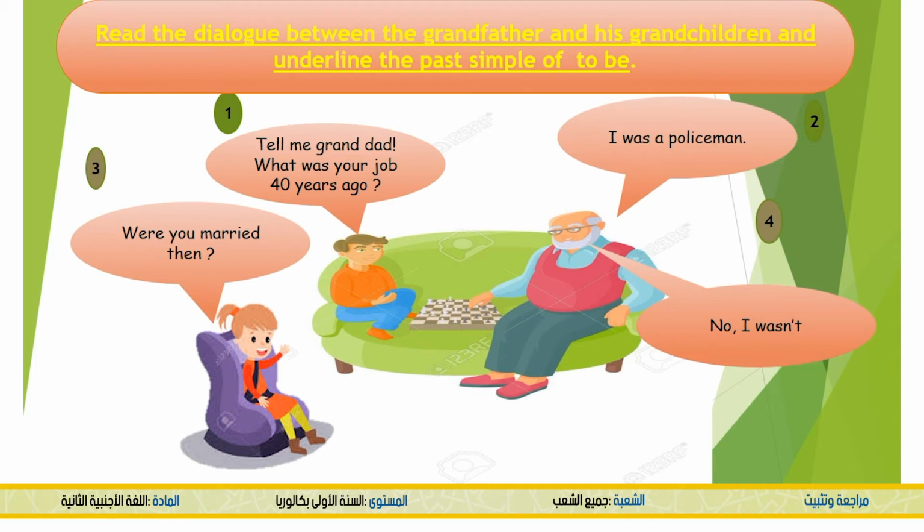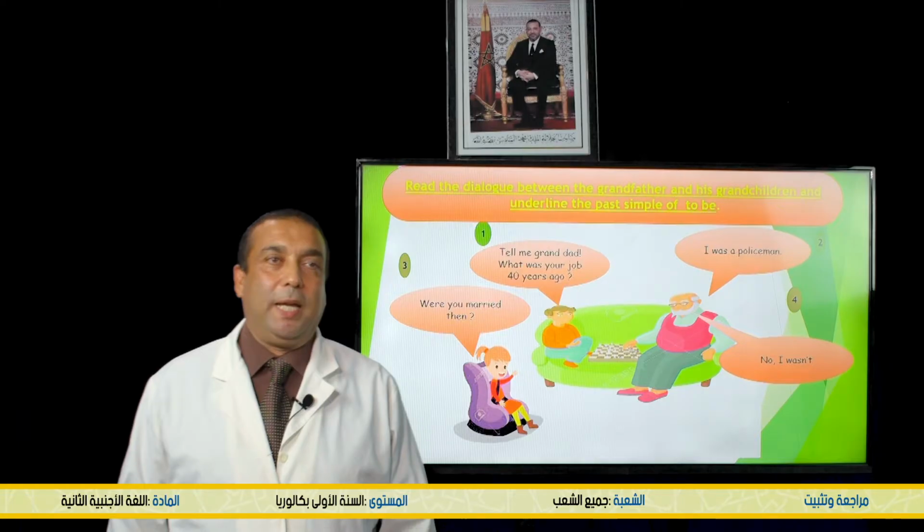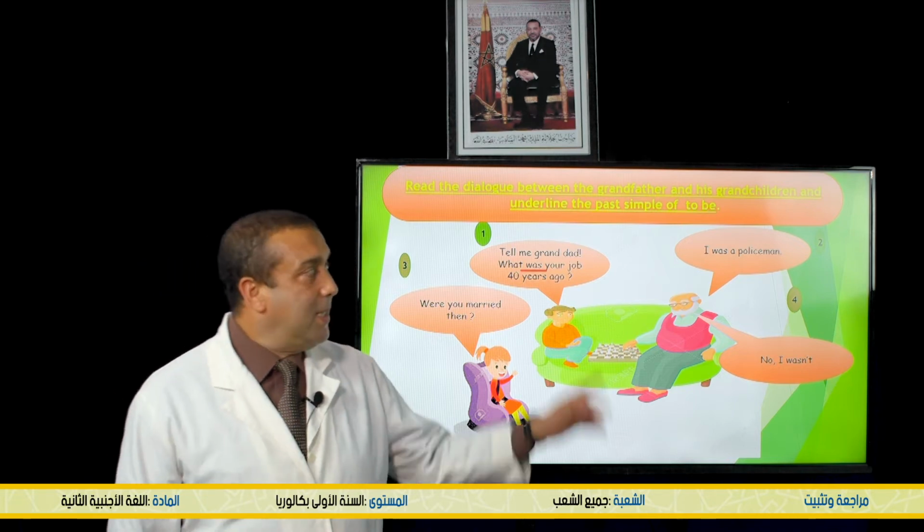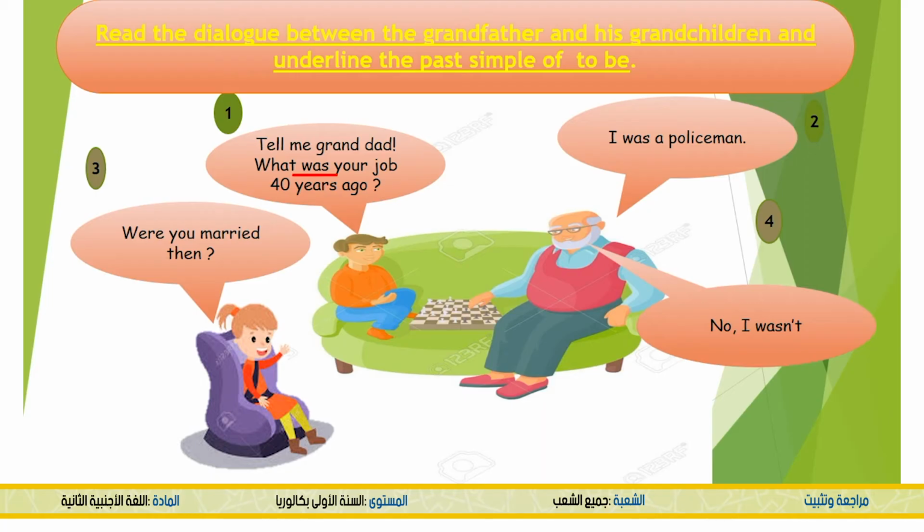Tell me, Granddad, what was your job 40 years ago? So the simple past of the verb to be, exactly, is was. Second sentence. I was a policeman. That's right. Was again. Next one. Exactly.